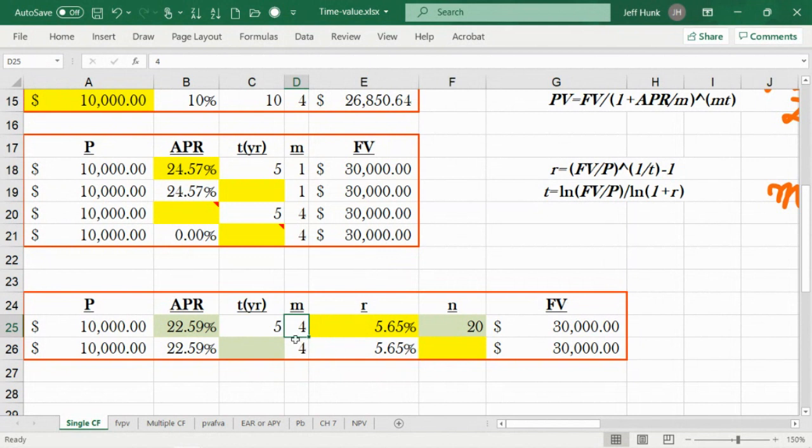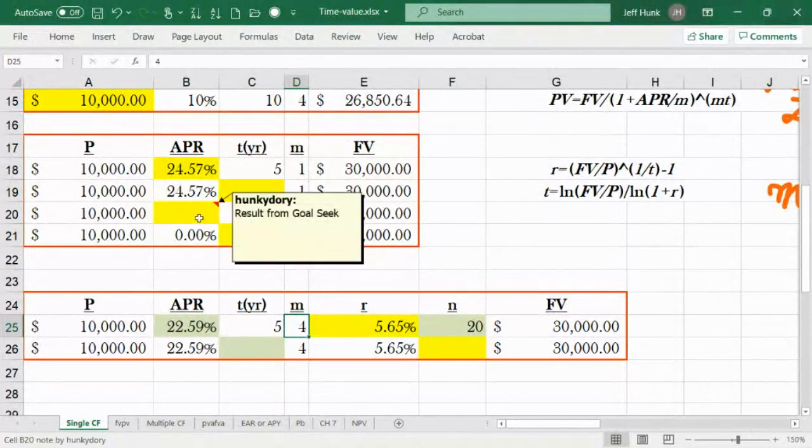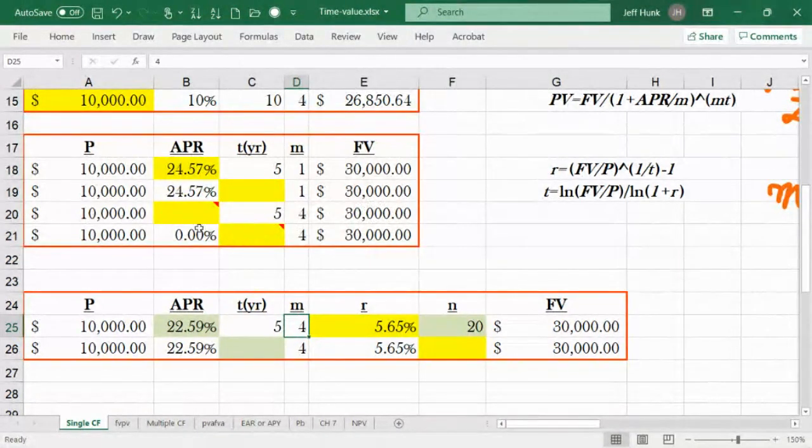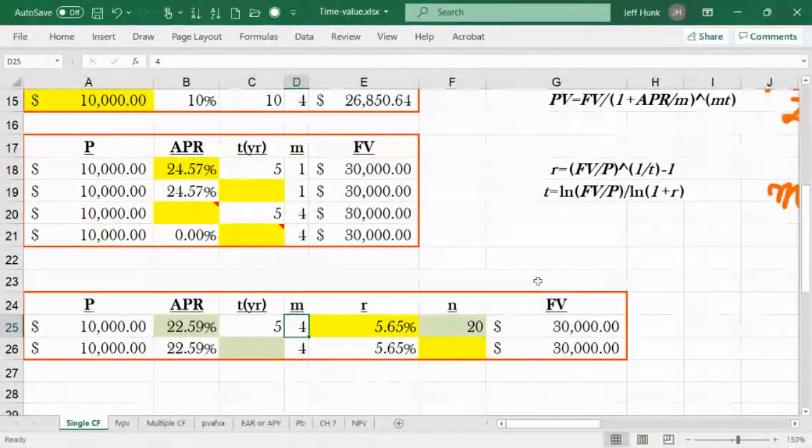That means if the future value is the same, because 30K is the target future value, and this was already given, then the only way you can arrive at the same future value with quarterly compounding is by a lower APR, right?